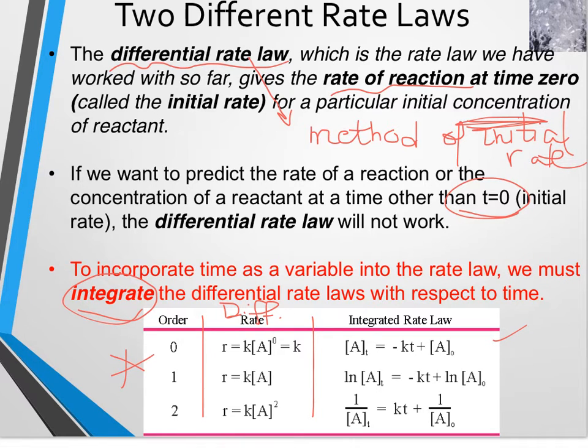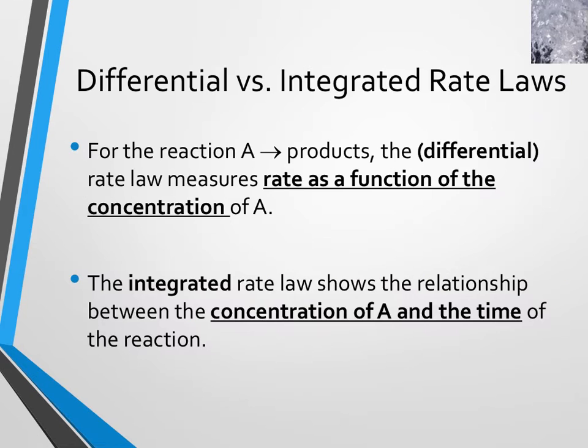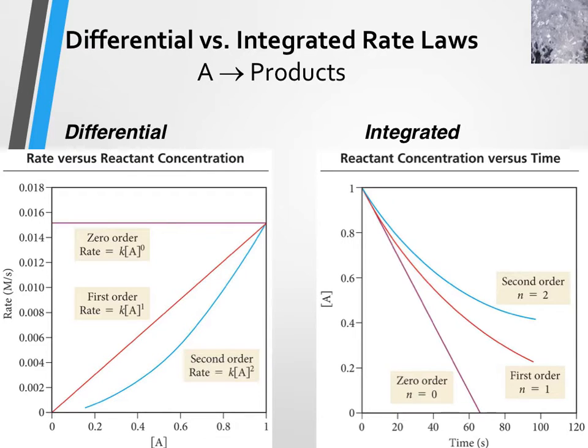And integrated rate law is literally, if you've taken calculus, integrating the differential rate laws, which you are not going to need to do. So as a quick summary, the differential rate law monitors rate as a function of concentration. Integrated rate law monitors concentration, so that's the same, but as a function of the time of reaction.